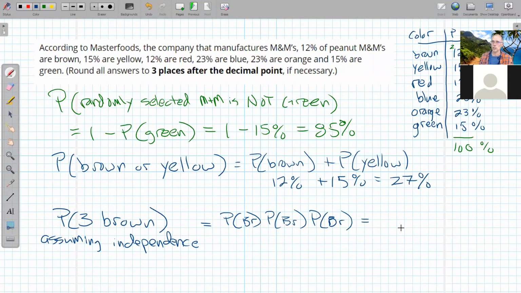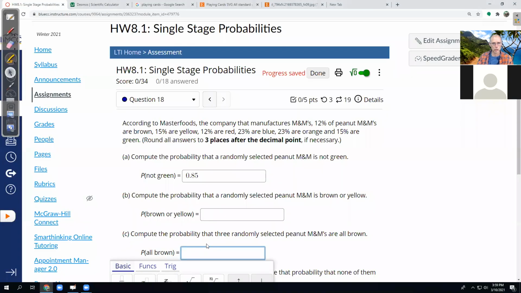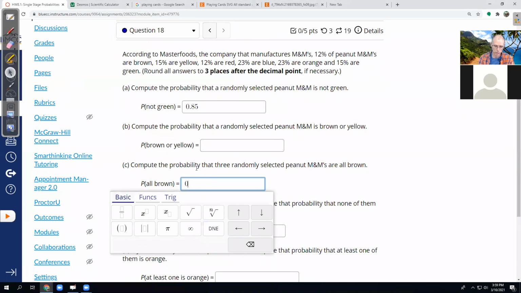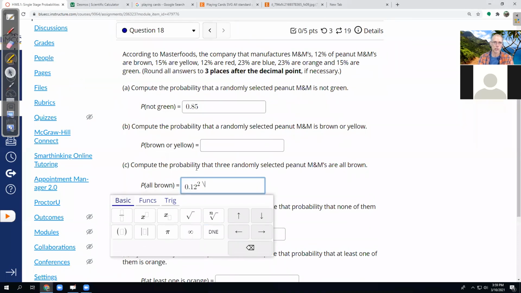So that would be 12% times 12% times 12%, or 12% cubed, which looks kind of weird. Let's see, what was the answer format looking for? Oh, I could actually type 0.12 cubed, probably get it right, but I probably should figure out what that number is.